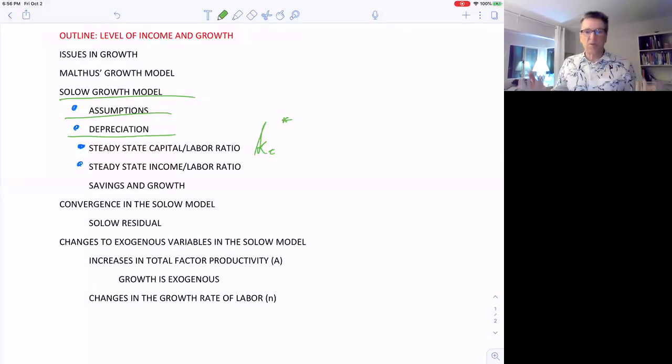And in this model, once we reach that steady state, then we're at the steady state income, and there's nothing that's going to change to increase income in this model unless something outside the model changes. And that something is total factor productivity.